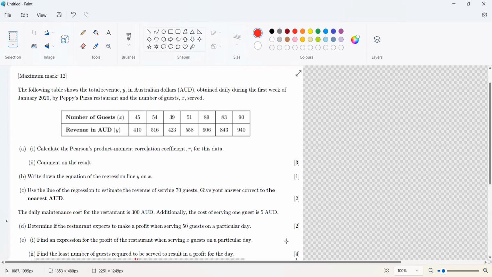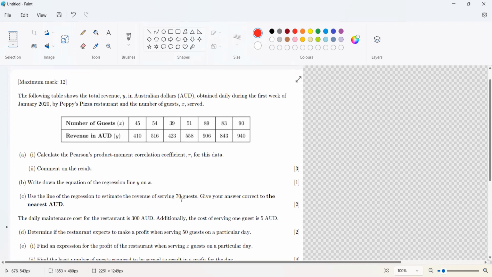This is from stats, where you need to find PMCC, Pearson Moment Correlation Coefficient, that is the R value.